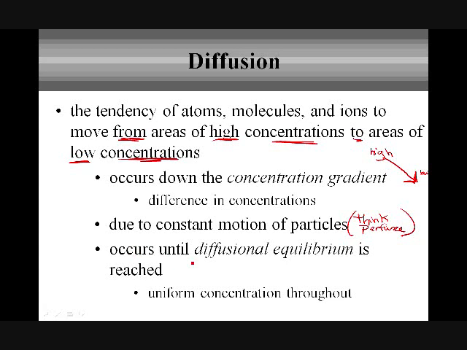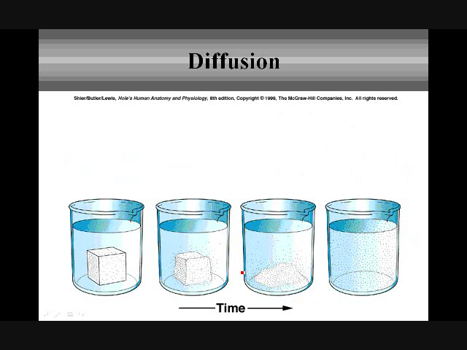And diffusion is going to occur until it reaches equilibrium, diffusional equilibrium, meaning a uniform concentration throughout, which means basically we're going to be even, all right? Even concentration no matter what. So this is just a nice picture showing us diffusion, the idea that if we take a sugar cube and we drop it into water, as it sits there, those sugar molecules are going to diffuse.